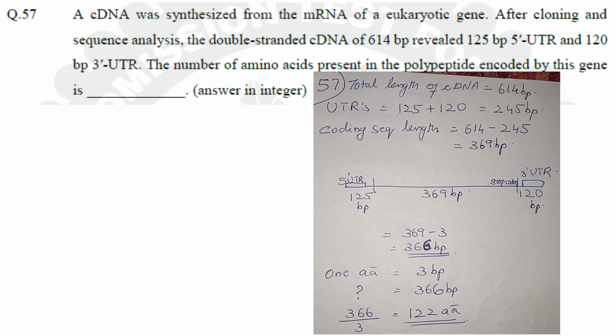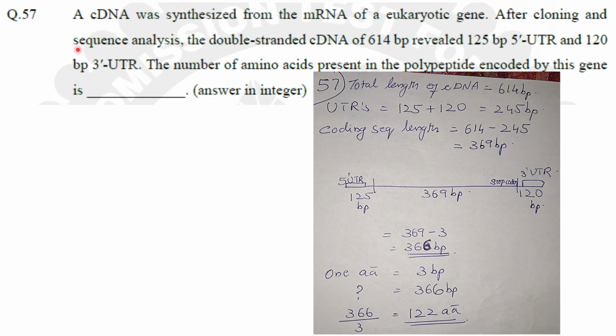Okay. Now a cDNA was synthesized from mRNA of a eukaryotic gene. Now cDNA synthesized from mRNA will not have introns, but cDNA will have UTR regions, untranslated regions, 5' and 3' UTR. In between you will find the coding sequence also.